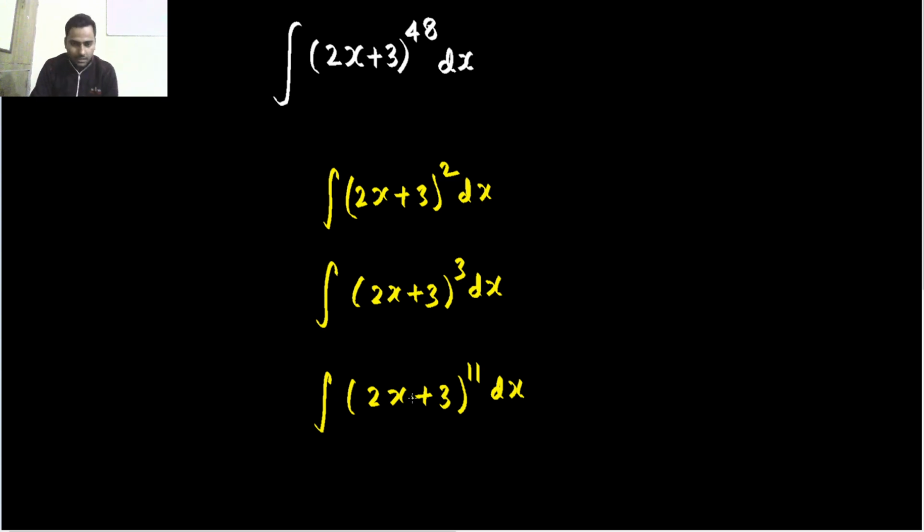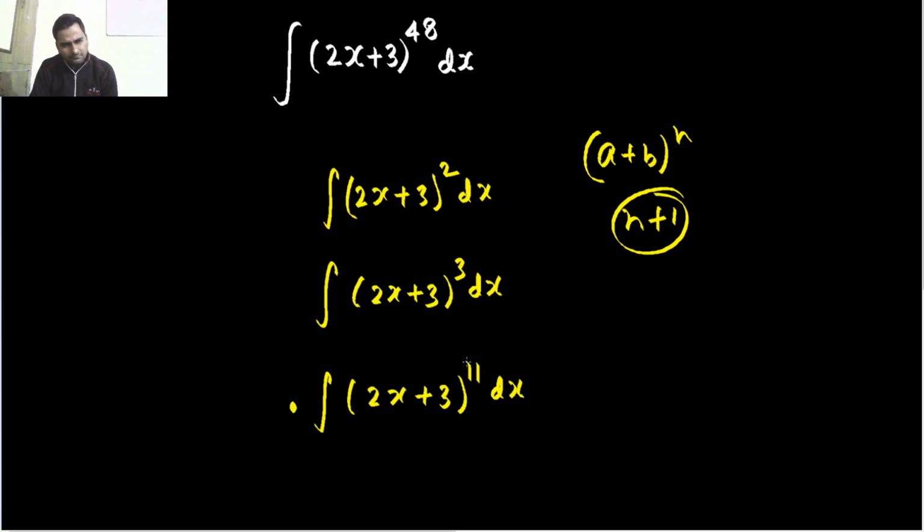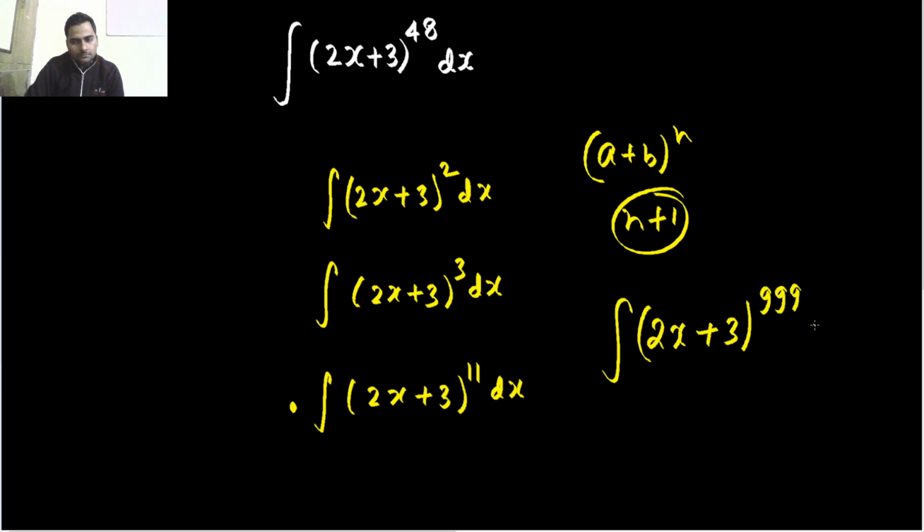Fine enough. In a binomial, let's suppose this, you will have n plus 1 number of terms. So in the third one, you will have 12 terms. Fine enough. Now what about this? Now what will you do?